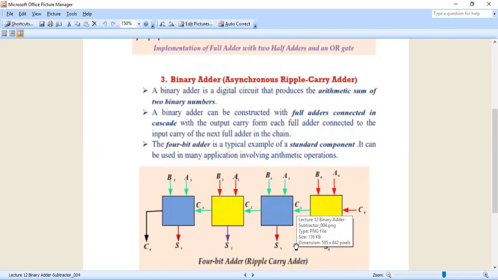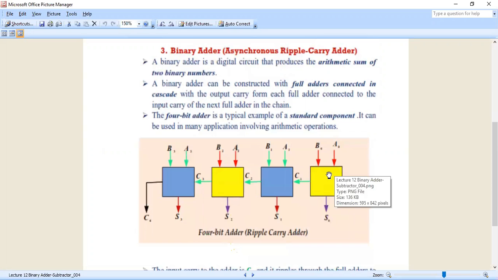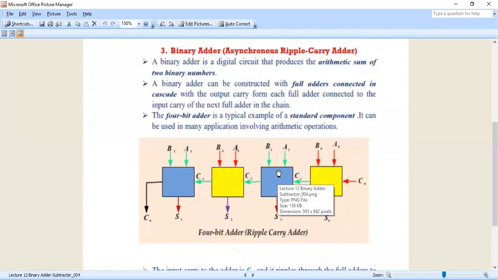here the carry propagation will occur. Why? Because it will produce some carry to the next adder. It will take some delay to get that output. Automatically this process will not be executed. Why? Because it depends upon the previous output connected to the input of the next stage.